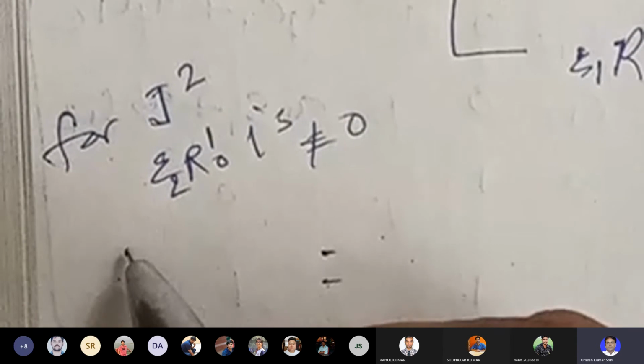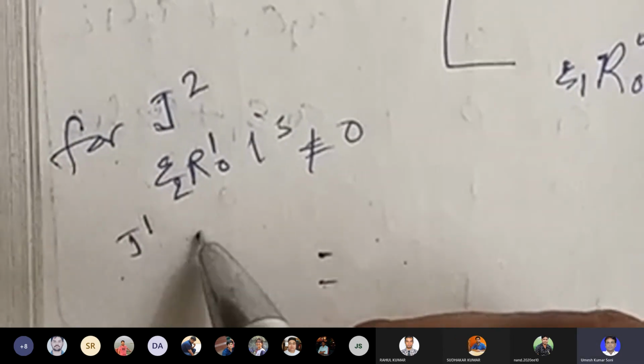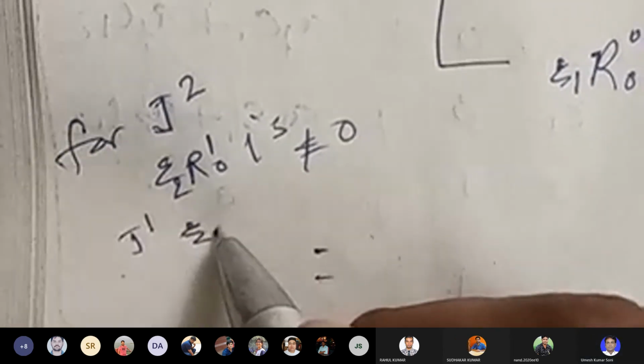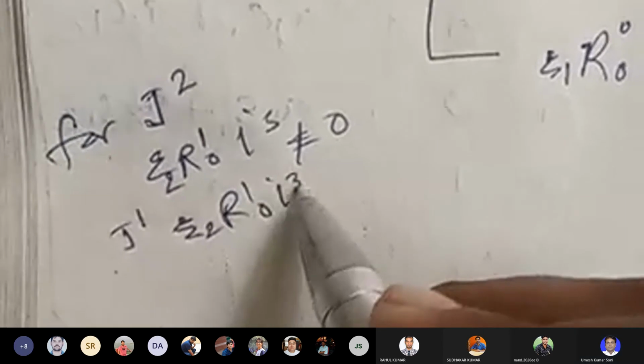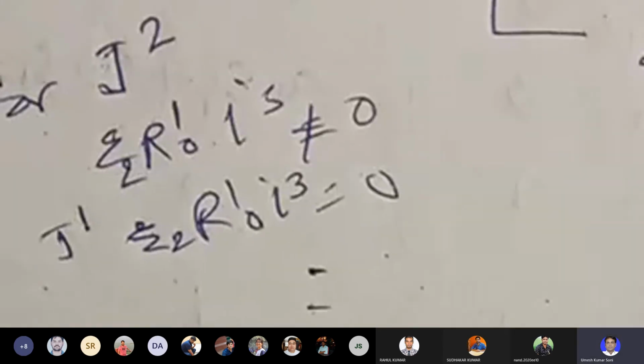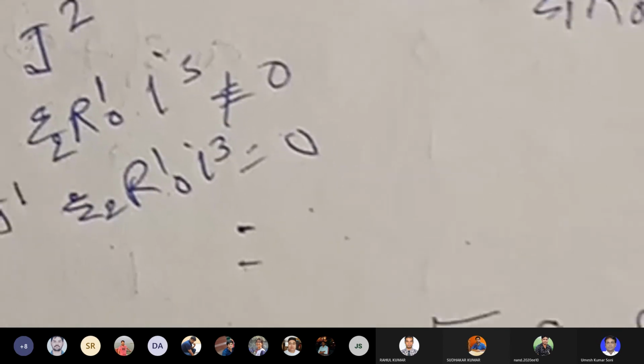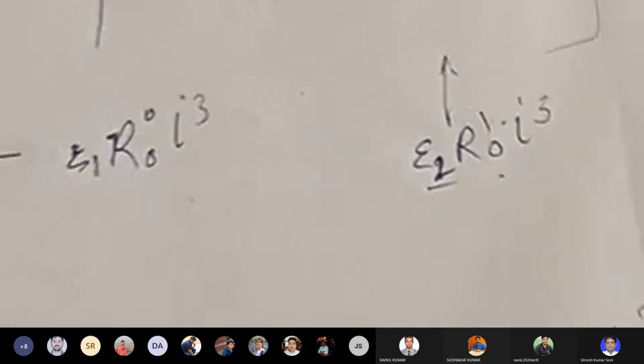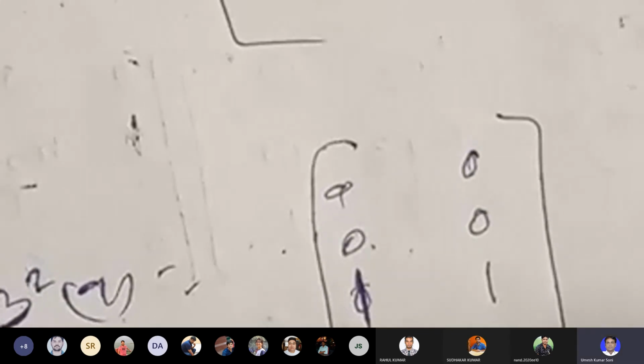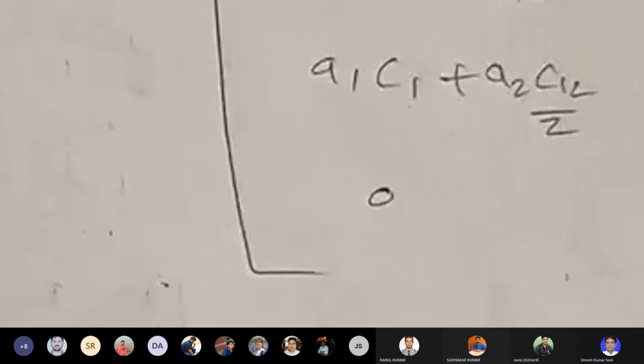When you are considering J1, this will be equal to 0. क्लियर है यहाँ पे? So you have taken the B2 from here and A2 from here.